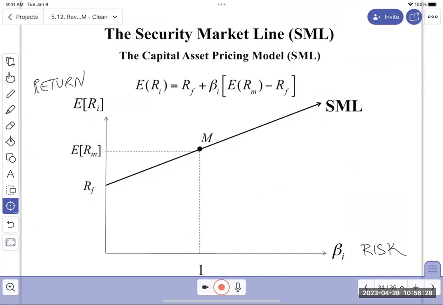This is the capital asset pricing model line, which we call the SML. Okay, so I have a question for you. What is the slope of that line?